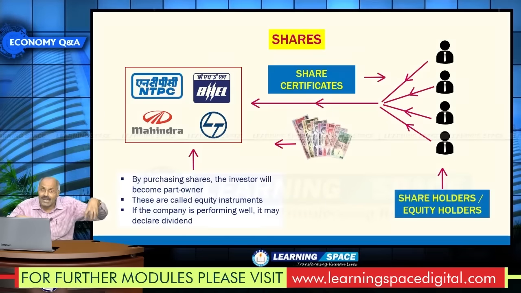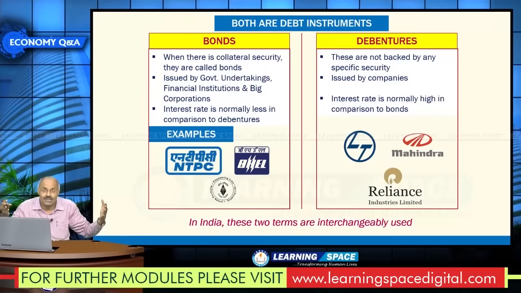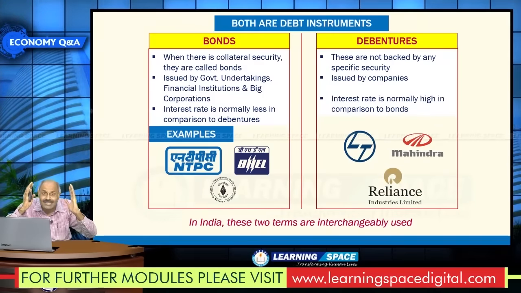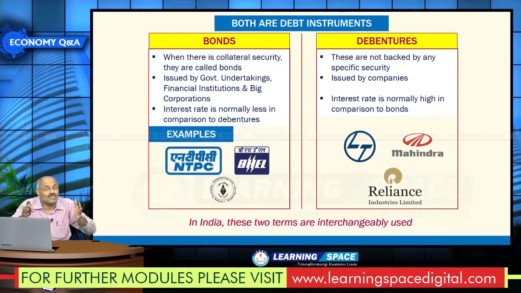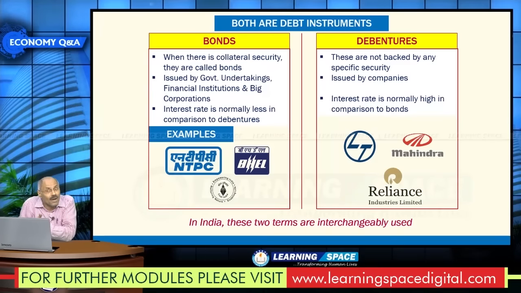In the case of shares, the subscriber will become part owner of the company. There is a slight difference between bonds and debentures, but these are used interchangeably. For simplicity's sake, in all these lectures, I am referring to bonds as issued by public sector undertakings and debentures as issued by private sector companies.